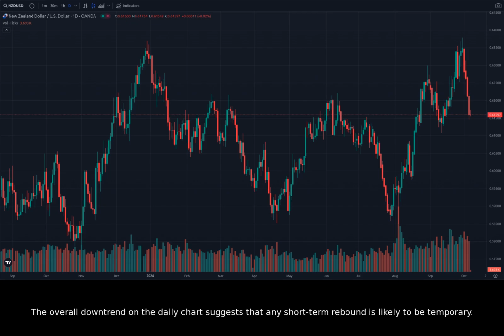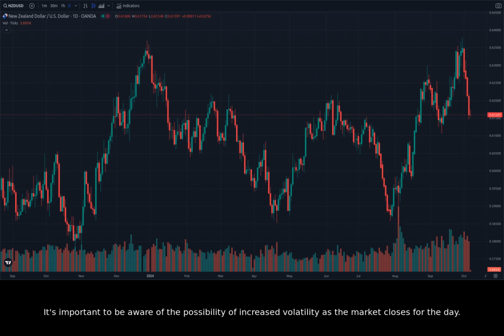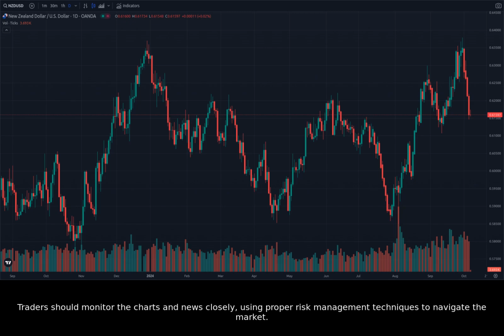The overall downtrend on the daily chart suggests that any short-term rebound is likely to be temporary. However, a break above the 0.618 level on the 1-hour chart or a break above 0.65 on the daily chart could signal a shift in momentum. It's important to be aware of the possibility of increased volatility as the market closes for the day. Traders should monitor the charts and news closely, using proper risk management techniques to navigate the market.